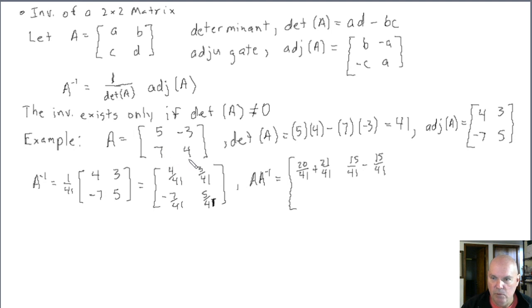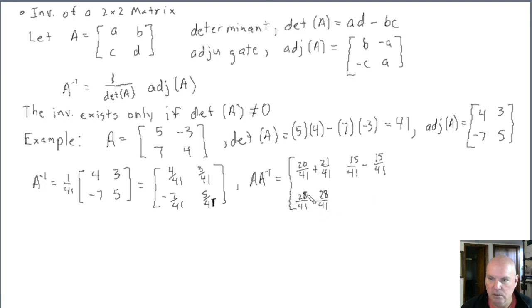Now the bottom row of A times the first column to give us the position in the 2, 1 element, we'll get, sorry, that's 28, 7 times 4. 28 over 41 minus, I'm sorry, 4 times 7, so plus 4 times a negative 7, so that's minus 28 over 41.